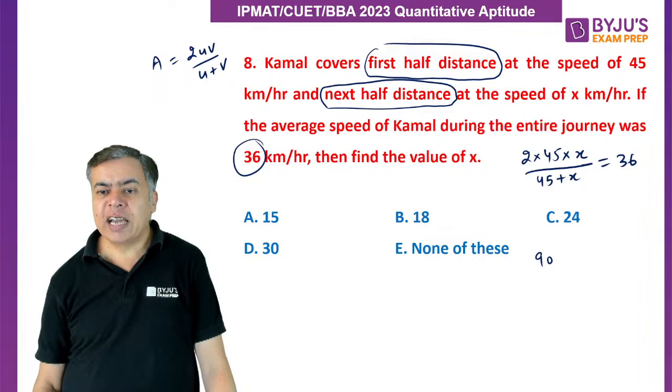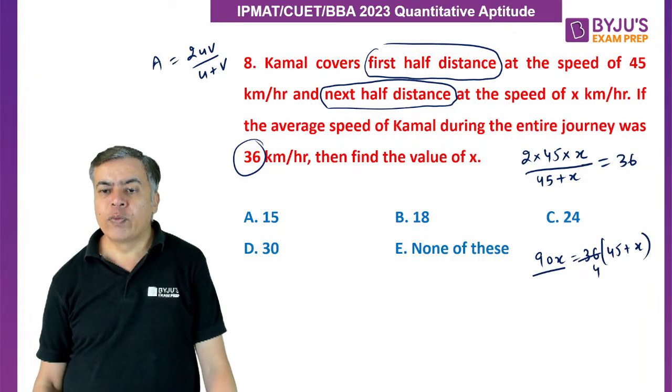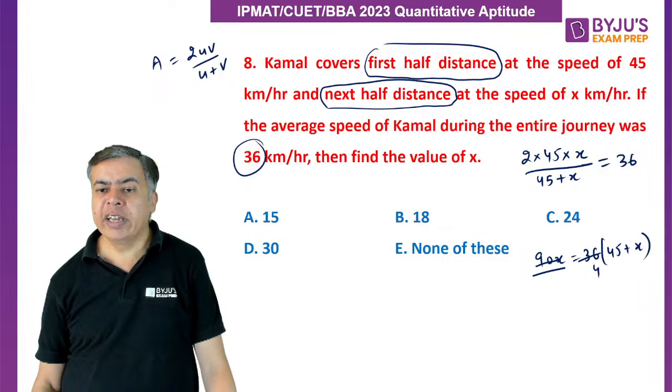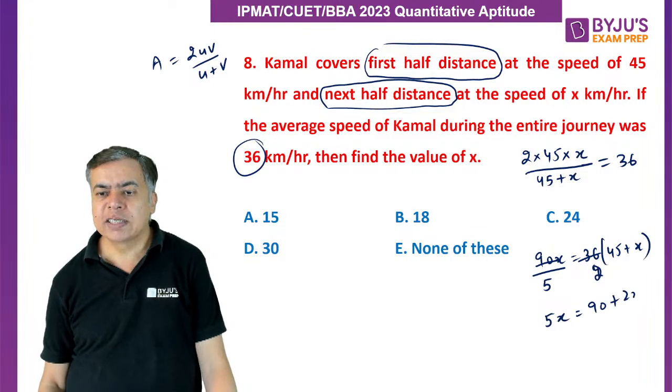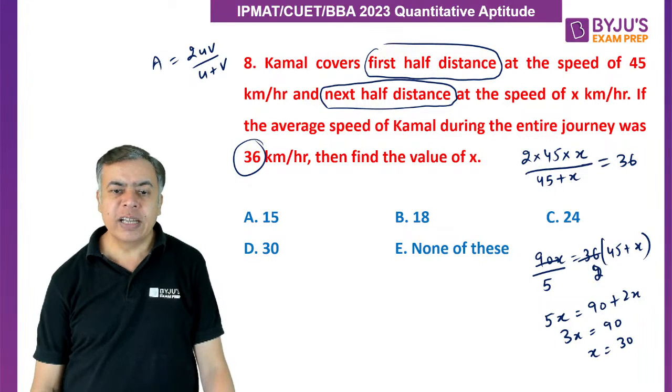So this is 90x by, okay, or you can say 36 into 45 plus x, right? So 9 into 4, or 18 into 2, 18 into 5. So 5x equal to 90 plus 2x. So 3x equal to 90 or x equal to 30. We need to answer x only.